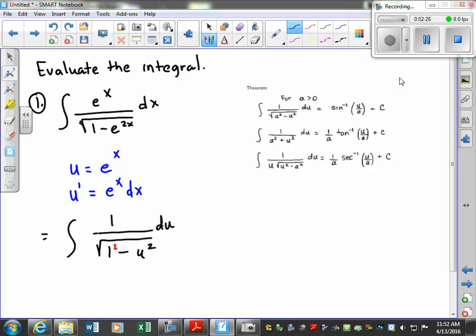When we evaluate that, it will give us sine inverse of u. What was our a? Yeah, good. A is the number that's squared, in this case it's 1. Do I need to put a u over a 1? No, u over a. So I'm just going to have sine inverse of u plus a constant.